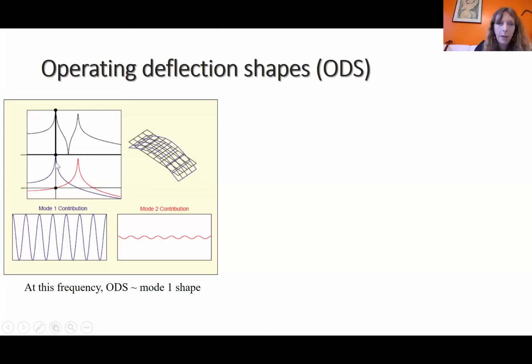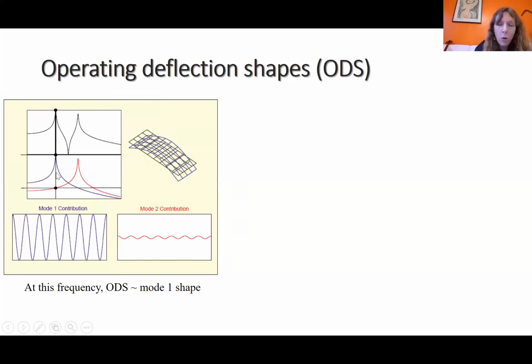And we can see that if we decompose these two modes into 2 single degree of freedom oscillators, it's the blue curve for mode 1 and the red curve for mode 2. If we are at this frequency here, the amplitude for mode 1 is very high because we are at the resonance, and the amplitude for mode 2 is very, very low.